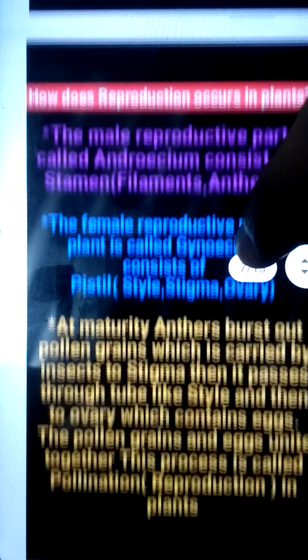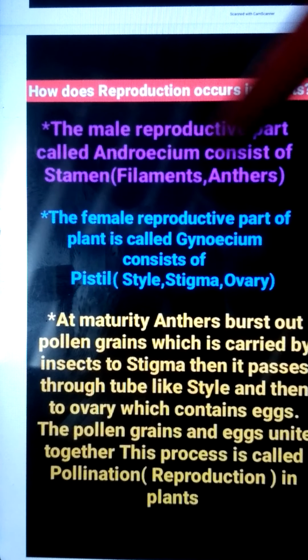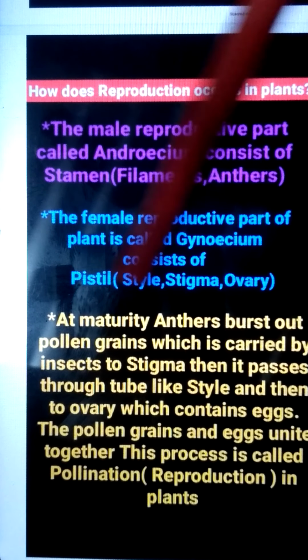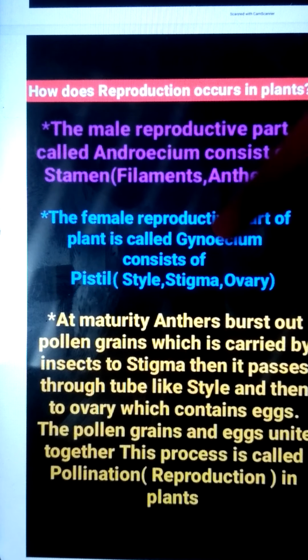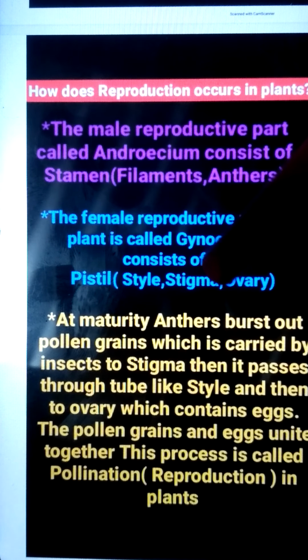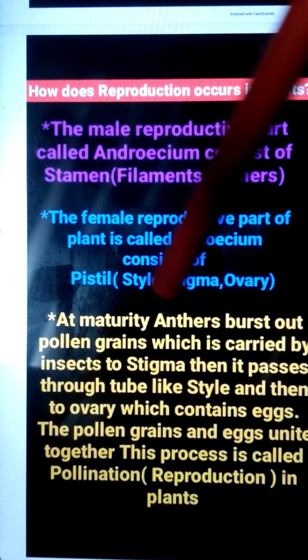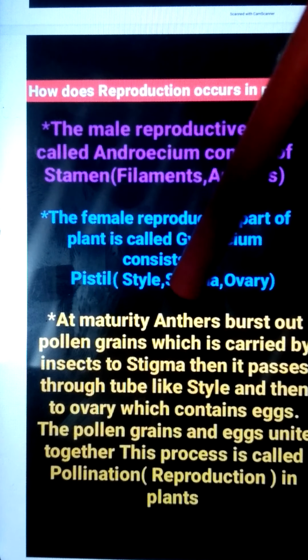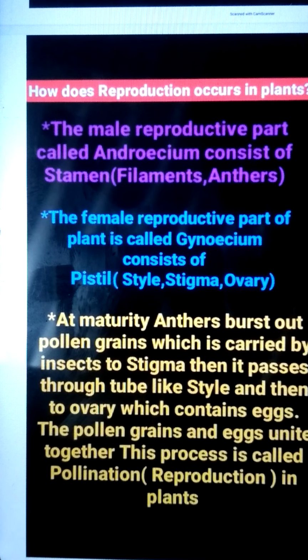Okay, let's see how reproduction occurs at maturity. At maturity, the anthers, those yellow dots I have shown you, are nothing but anthers. The anthers burst. Anthers have pollen grains inside them. So when they reach a certain maturity level, the anthers burst out the pollen grains which are stored inside them.